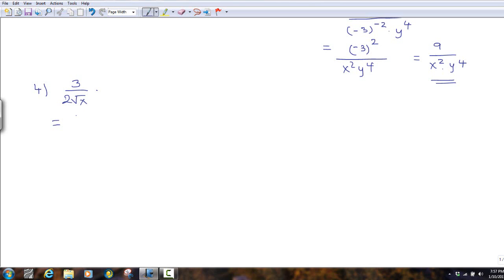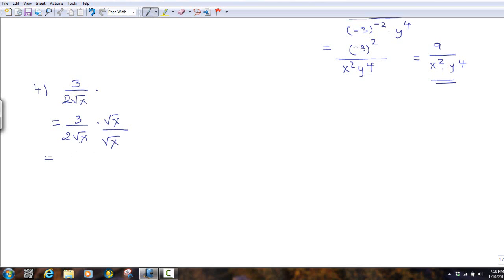this expression. So this is 3 over 2 times square root of x, and I need to multiply by square root of x in the numerator and also in the denominator, because square root of x over square root of x is 1, so this does not make any difference.